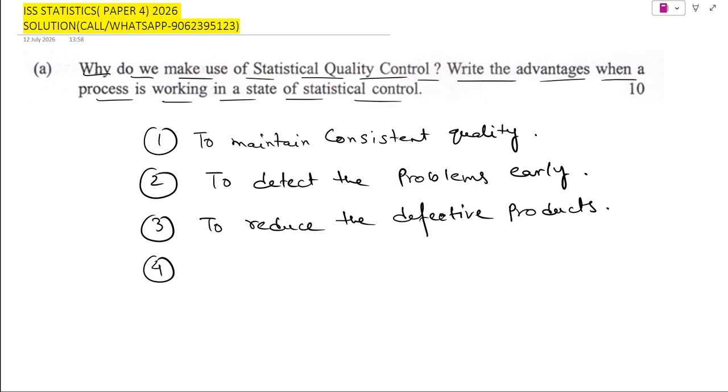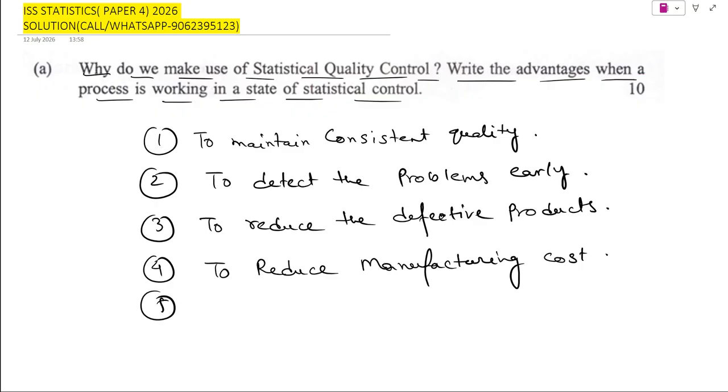Fourth point will be to reduce manufacturing cost. Look, when defects decrease, there is less rework, less scrap, and fewer rejected products. So ultimately, the overall production cost becomes lower.